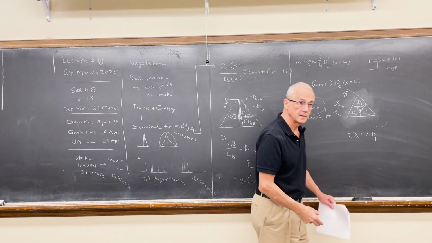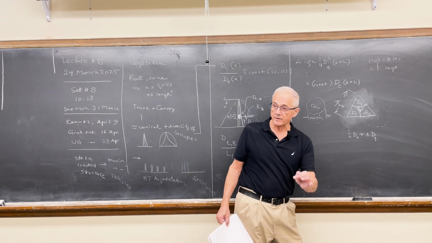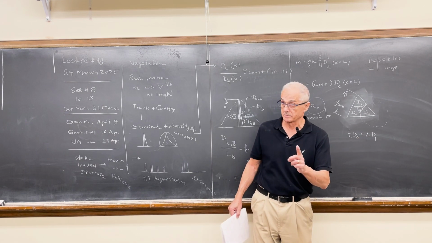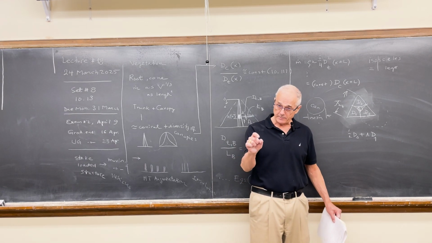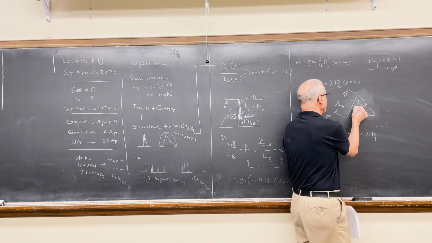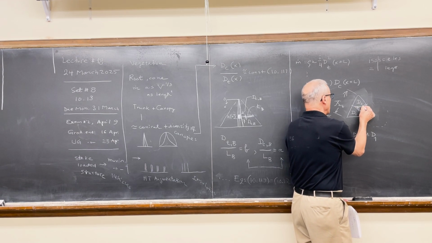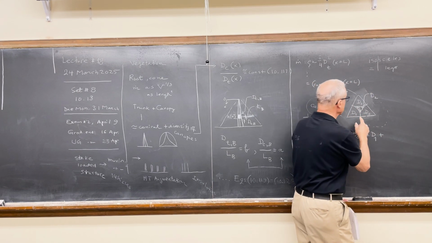You notice here, from the biggest to the next, the number of the next smaller is greater. And then there are smaller and smaller and more numerous armpits, such as here. I'll call these even smaller ones D2. How many D2s do I have?